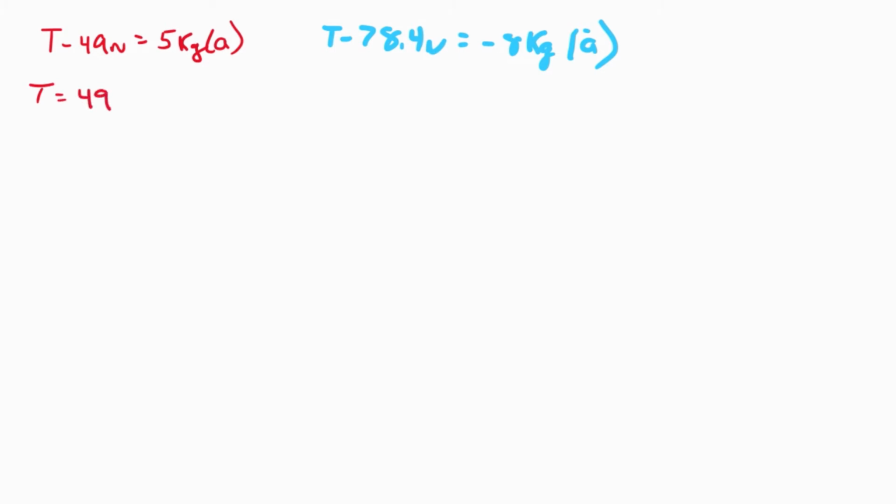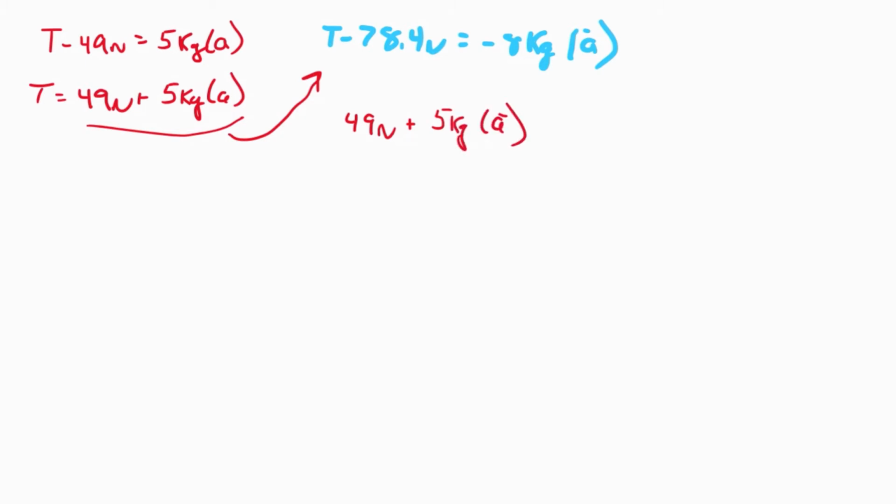So it's going to be 49 newtons plus 5 kilograms a. I'm going to take all of this and substitute it in for T over here. So it's going to be 49 newtons plus 5 kilograms times a, and then still minus 78.4 newtons equals negative 8 kilograms times a.